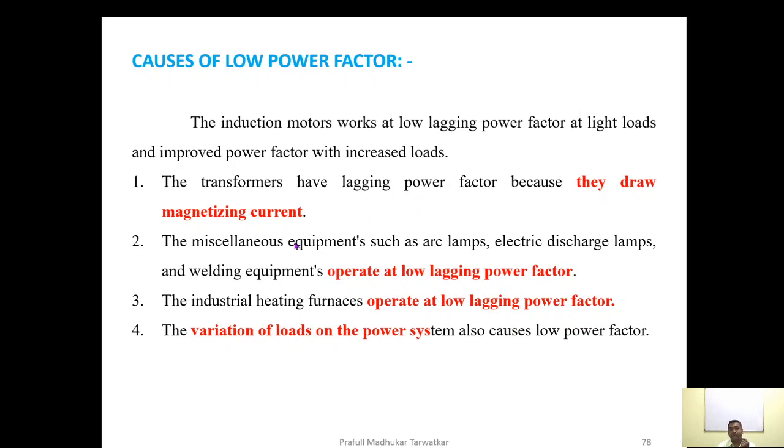Now various equipments which are inductive in nature, like electric discharge lamps, arc lamps, and welding equipments, all consume reactive power and operate at a lagging power factor. Then industrial heating furnaces again contribute to the lagging power factor. Then variations of load on the power system also cause low power factor in the system. So these are the main causes of a low or lagging power factor in the system.